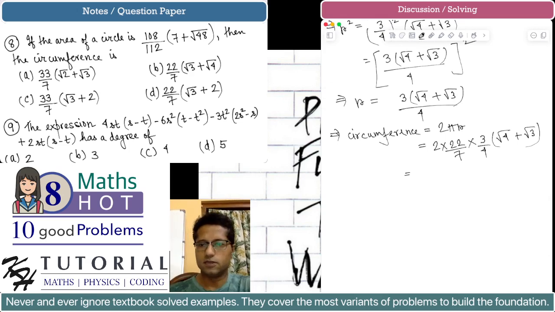If you do cancellation, 2 divides 4 with 2 and 2 divides 22 with 11. So this becomes 33 by 7 multiplied by square root of 4 plus square root of 3.